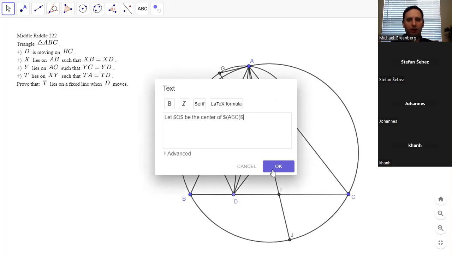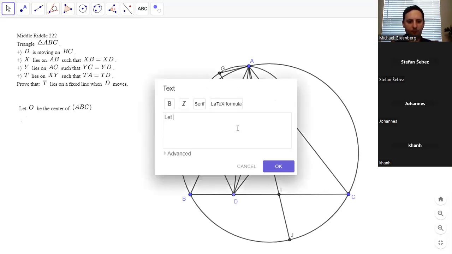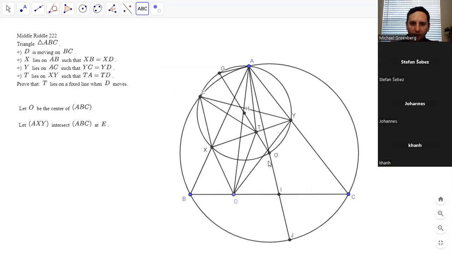First we're going to show, let AXY intersect ABC at E. We could show by an angle chase that E is the reflection.